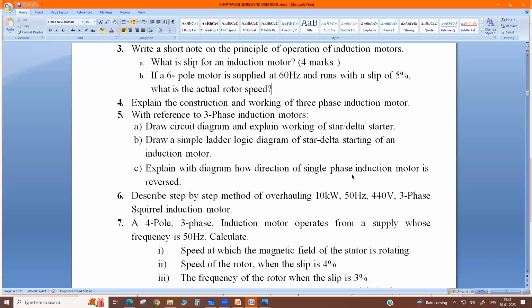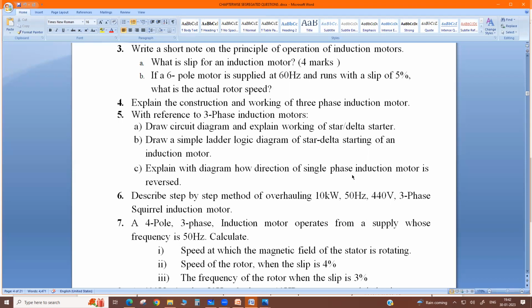But in single phase, by changing the capacitor connection, sir. Changing the capacitor terminals, opposite of the capacitor, means the auxiliary winding connections. Yes, sir. Either we reverse the running winding, meaning the main winding, or the auxiliary winding.